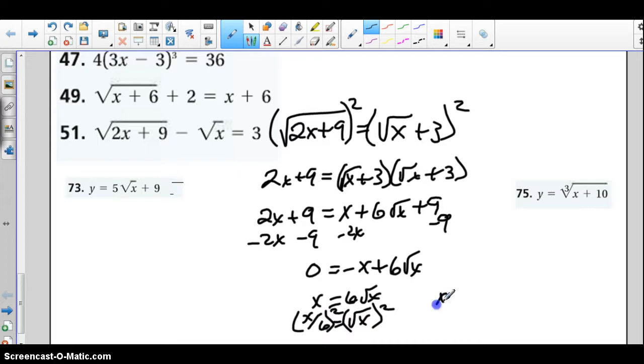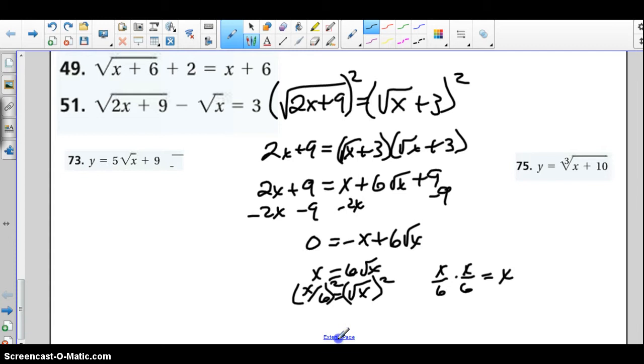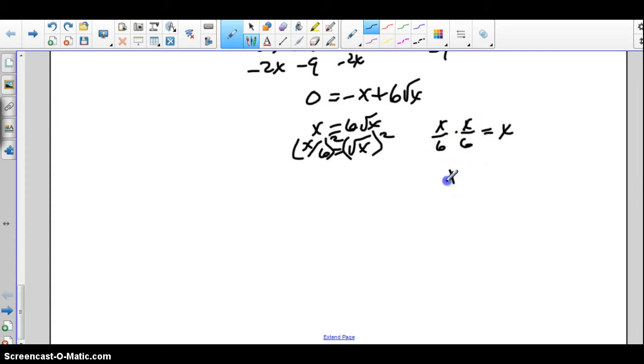And we're going to have x over 6 times x over 6 equals x. And we're going to have then x squared over 36 equals x. Multiply both sides by 36 to get that out from underneath the denominator, and then solve for 0.